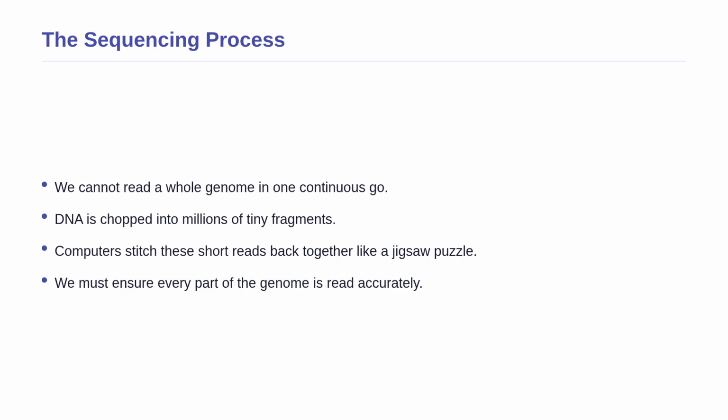Instead, we chop the DNA into millions of tiny fragments, read those individual fragments, and then use computers to stitch them back together like a giant jigsaw puzzle. To ensure we have read every part of the genome accurately and haven't missed critical pieces, we need a way to measure our success. We need to know how many times, on average, a single letter in the genome has been read.